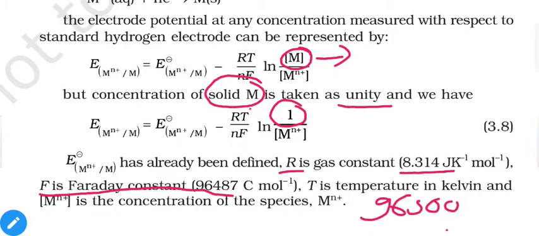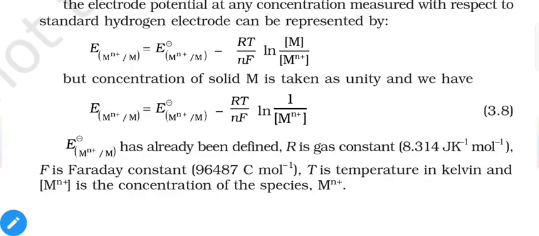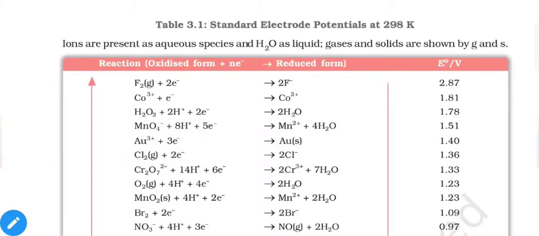That means temperature and number of electrons depend on the condition, and concentration is already known or we can control it. So putting the values in this equation, you can find the value of reduction potential in non-standard condition. This equation 3.8 is given for a half cell, or electrode, but we can find cell potential using the same equation.